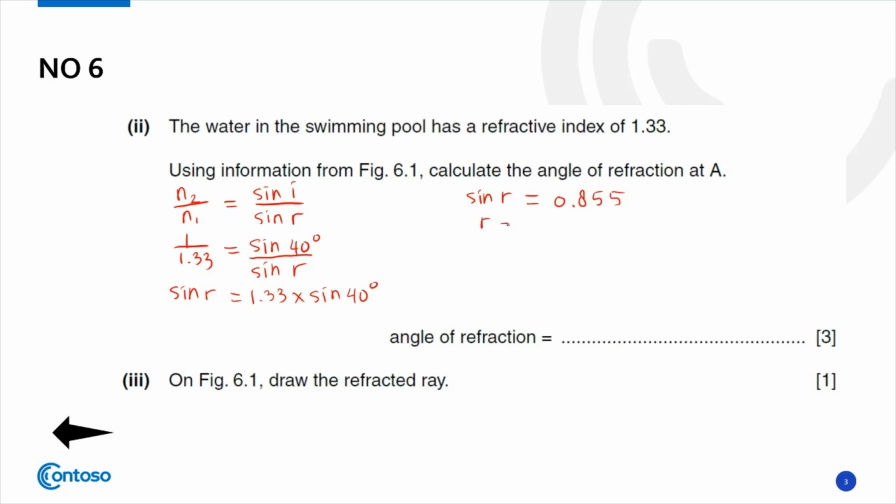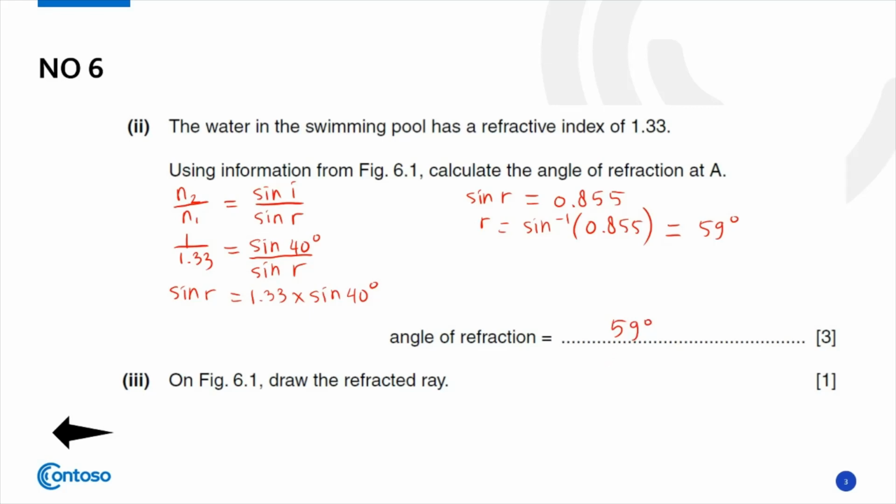R equals to inverse of sine 0.855. This equals to 59 degrees. This is a round off number. So the angle of refraction equals to 59 degrees.